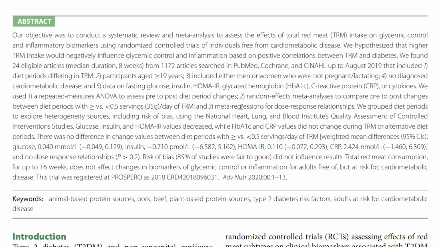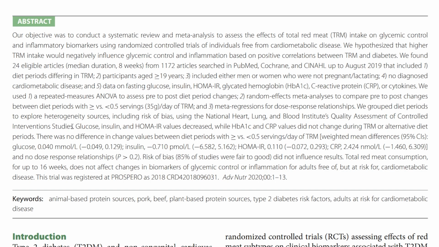And 3, meta-regressions for dose-response relationships, which is just a way of saying we correlated X with Y. Okay. We grouped diet periods to explore heterogeneity sources, meaning what caused the differences between the outcome statistics reported by different papers. Why were they different? Including risk of bias, using the National Heart, Lung and Blood Institute Quality Assessment of Controlled Interventions Studies.